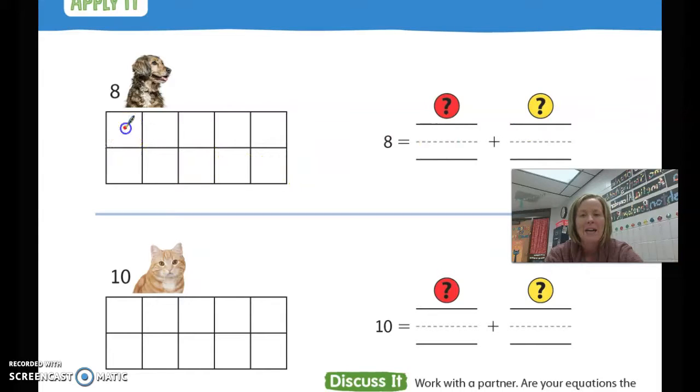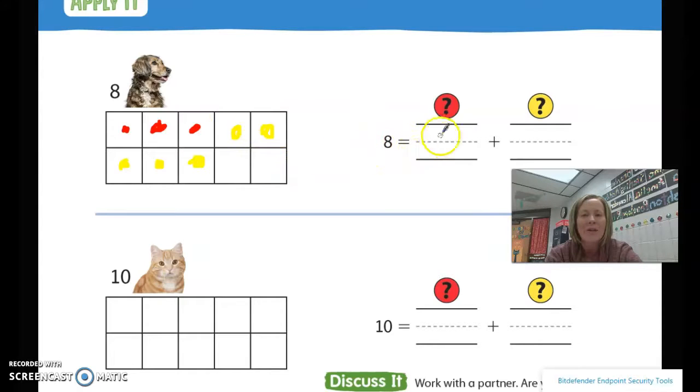So Miss Martin is going to put, I think I'm going to put 3 reds. So there's 3. So I'm going to keep counting. 3, 4, 5, 6, 7, 8.